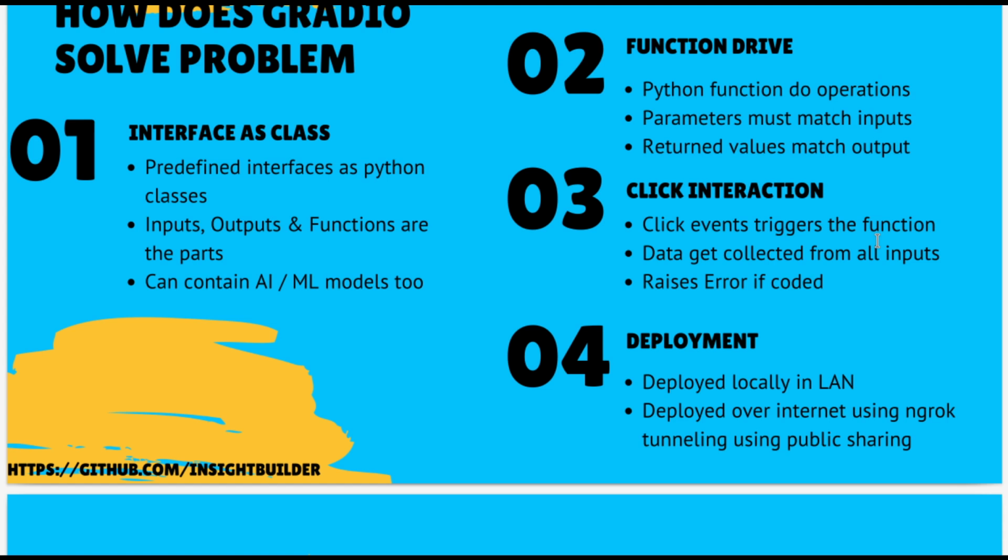So the moving part of Gradio is the functions, the Python functions that you write. I will explain to you what is going on there. The Gradio application can contain AI and ML models also, and these models can be located in Hugging Face Hub.